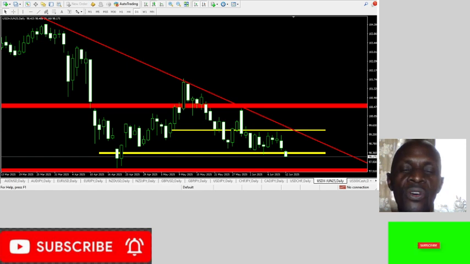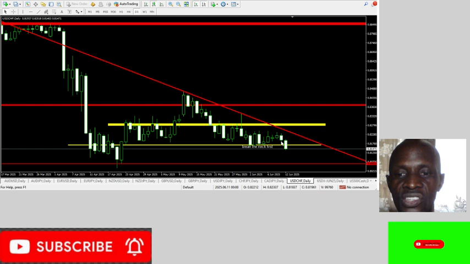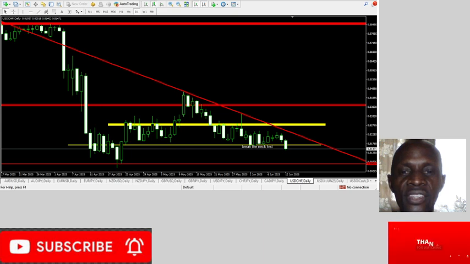Now I want to show you also another pair that actually is a twin to the index. It's called USD Swiss franc. Let's go to Swiss franc. It should be saying the same because it's actually the cousin to the index. Okay, we can see that. Can you see the USD Swiss franc also in the daily time frame?